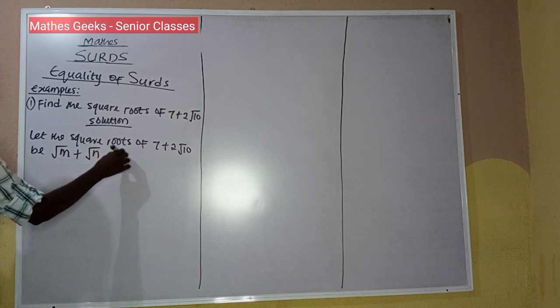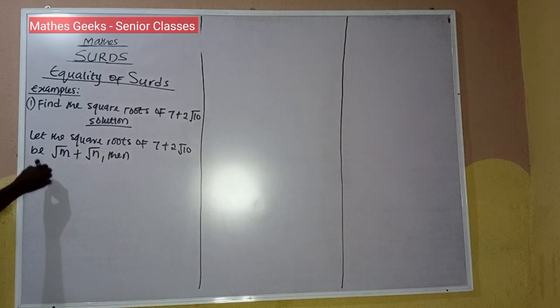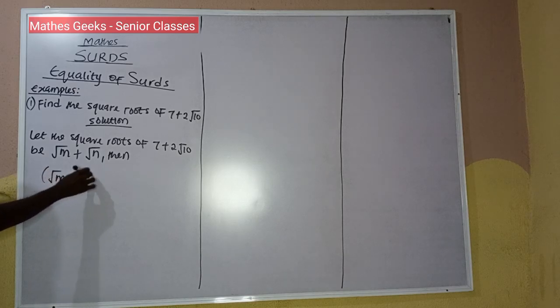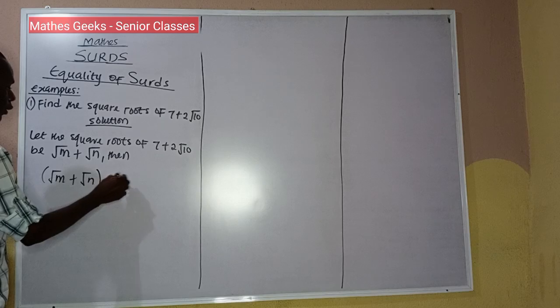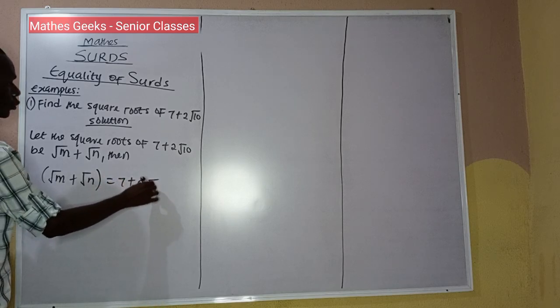So then we can say root m plus root n is equal to 7 plus 2 root 10.